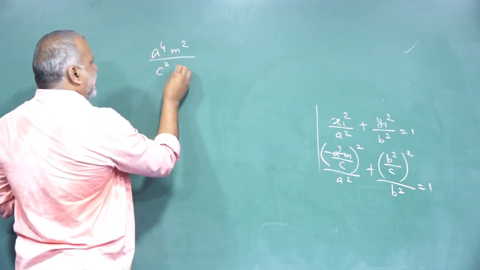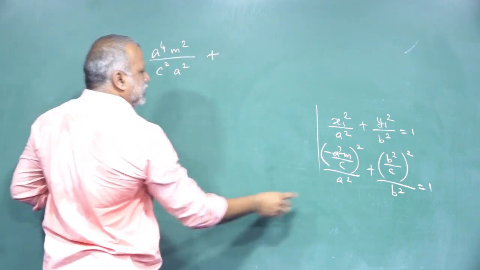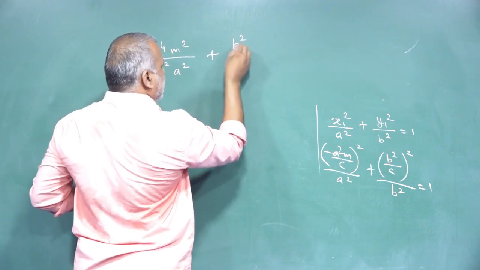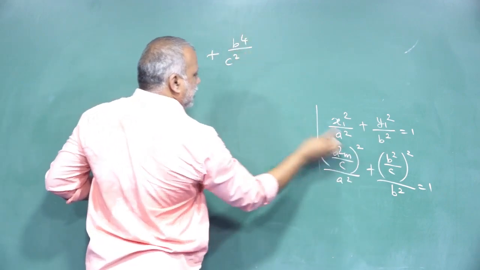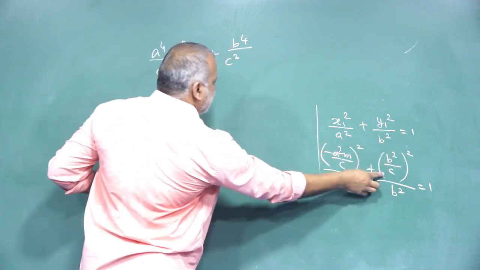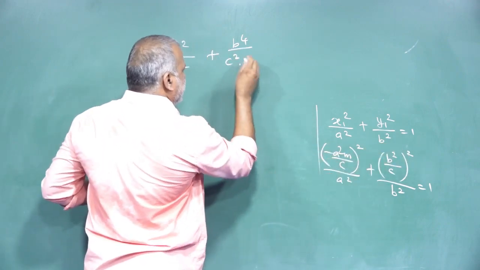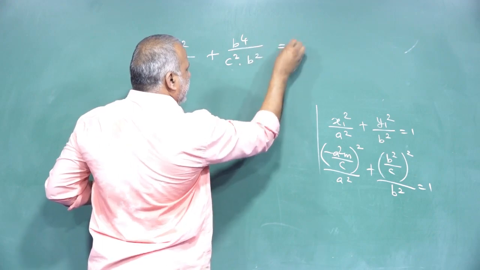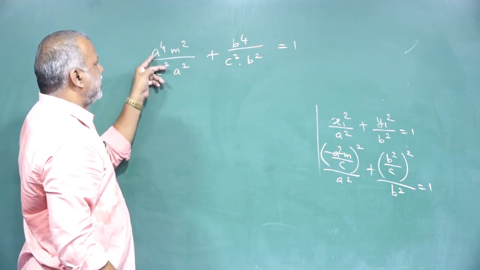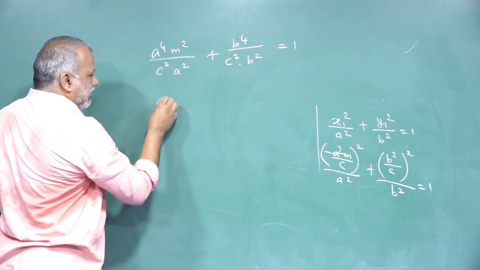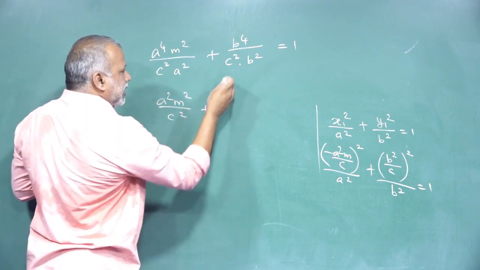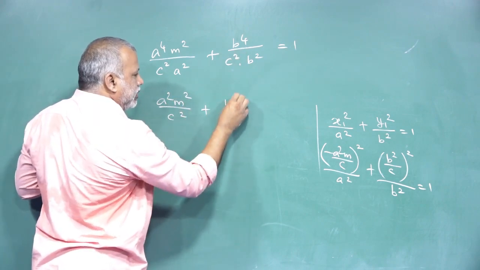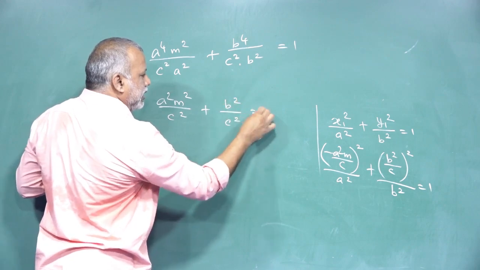Already in the denominator we have a squared, plus here b squared by c squared, b power 4, already b squared, again b power 4 divided by c squared. In the denominator we have b squared, equal to 1. The a squared and a power 4 will be reduced. We get a squared m squared divided by c squared plus here b squared, and b power 4 will be reduced, b squared by c squared equal to 1.